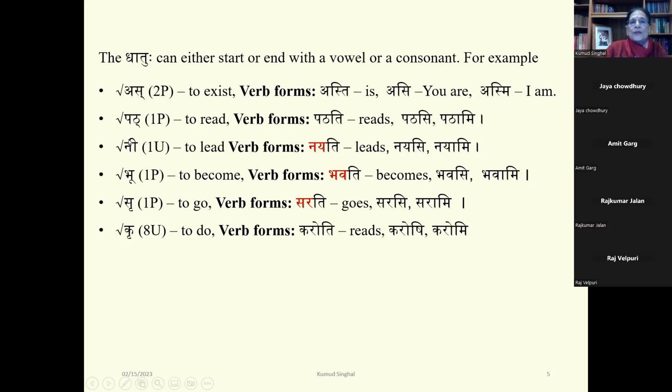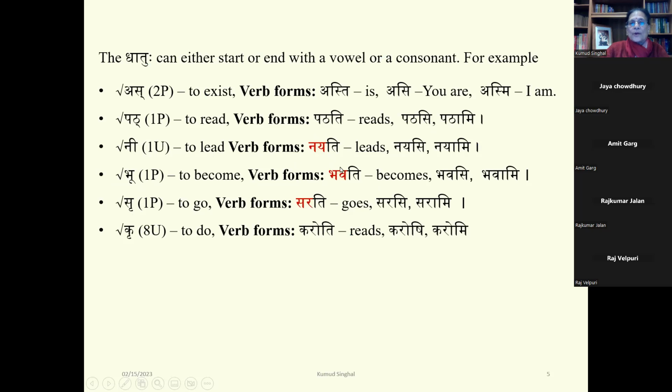Then the dhatu could end in a vowel. Like ni. It is a bhavadi gana ubhayapadi dhatu, meaning to lead. Now, if you look at the form from ni, it becomes nayati. I'm going to talk about how ni becomes naya. Then bhu, again a 1P, bhavati. So again, bhu becomes bhava.